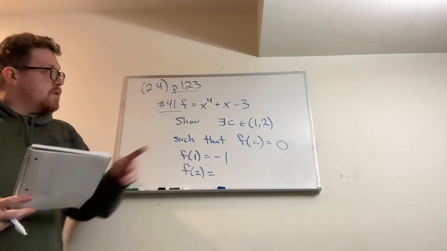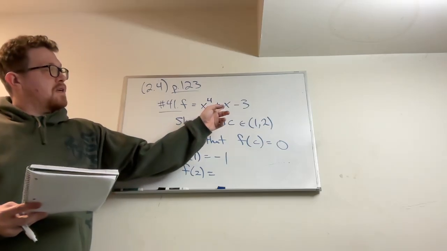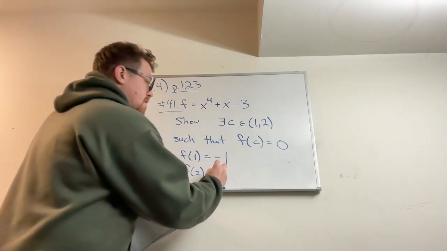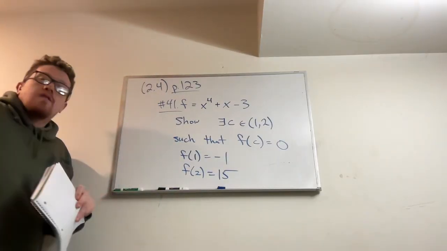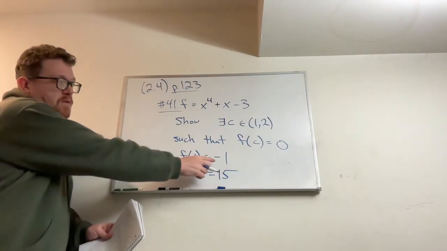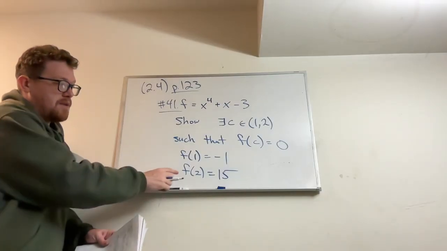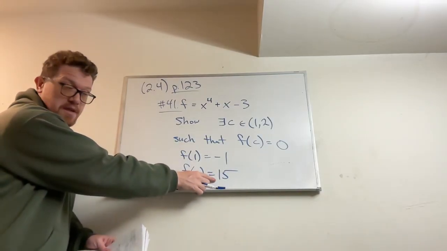And if I plug in 2, I get 2, 4, 8, 16, plus 2 is 18, minus 3 is 15. So the value at one of the endpoints is -1. In particular, let's point out that it's negative, and the value at the other endpoint is positive.